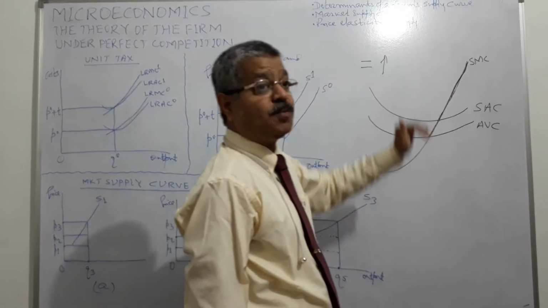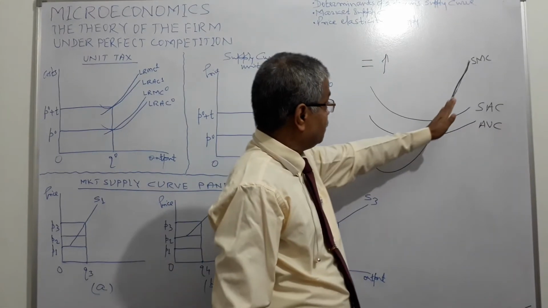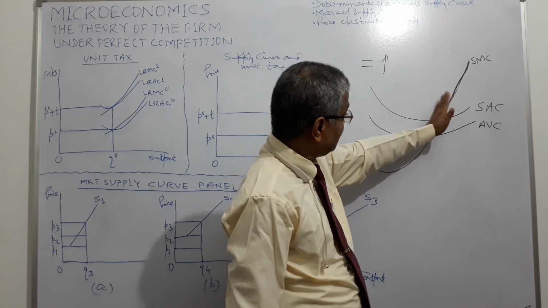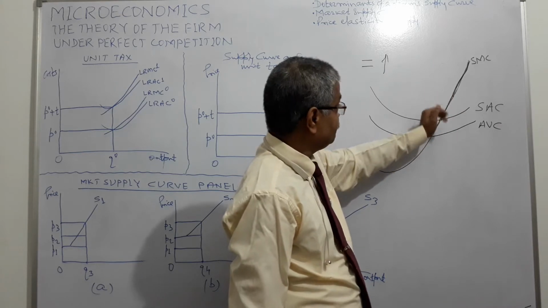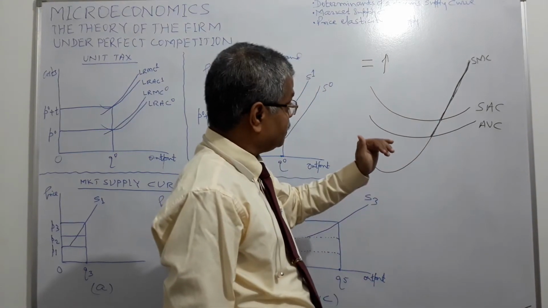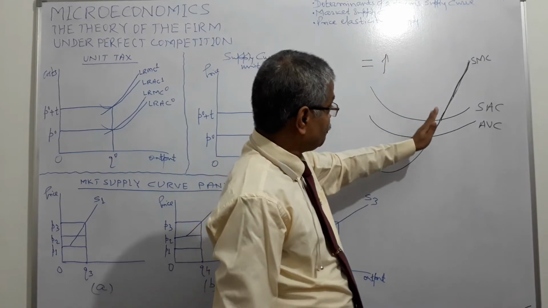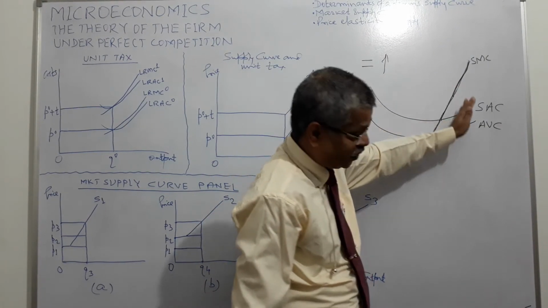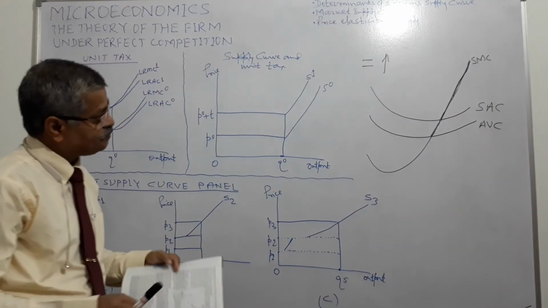So when the input prices go up, the short run marginal cost curve or supply curve shifts to the left. Or if input prices go down, this supply curve shifts to the right or downwards.